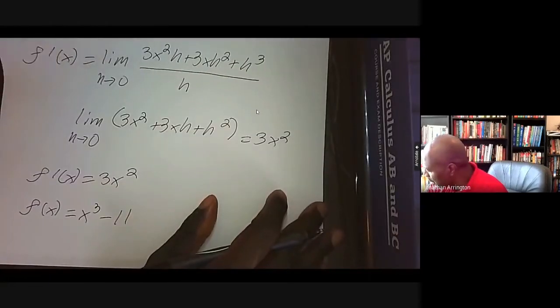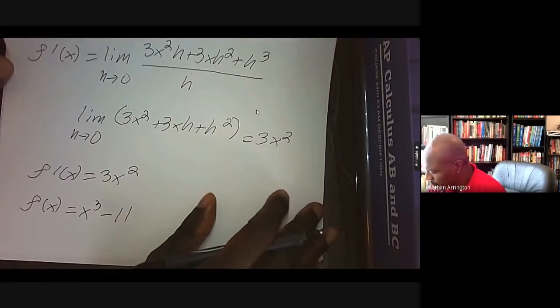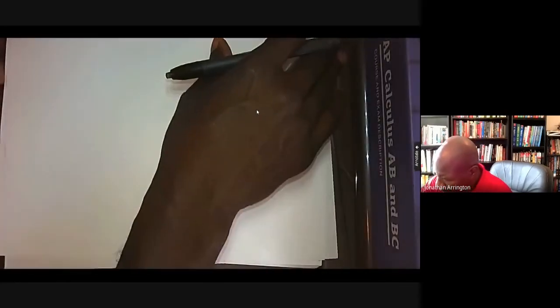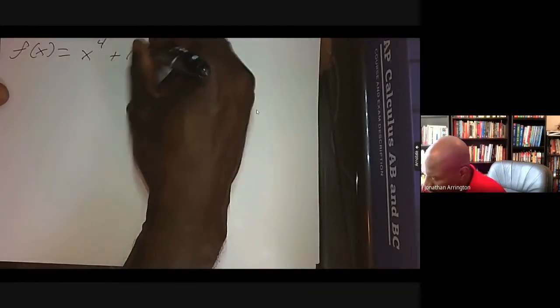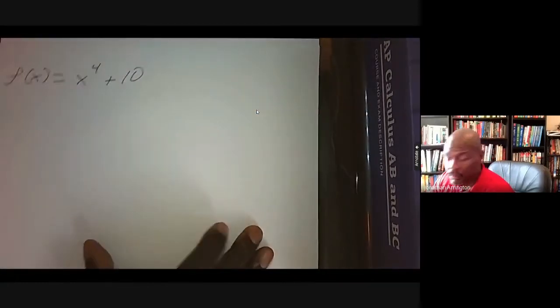Okay, I'm going to do one more example. So let's say f of x is x to the 4th plus 10, and we're going to find the derivative, of course.